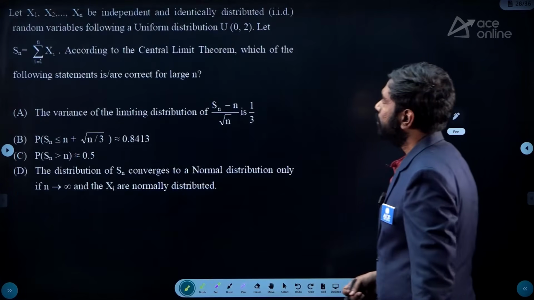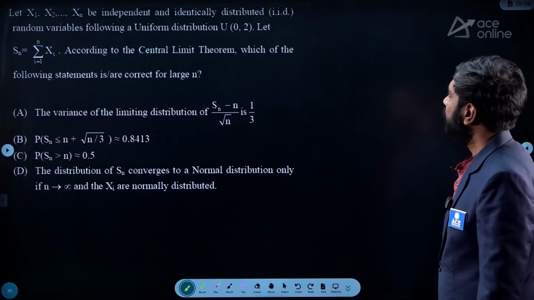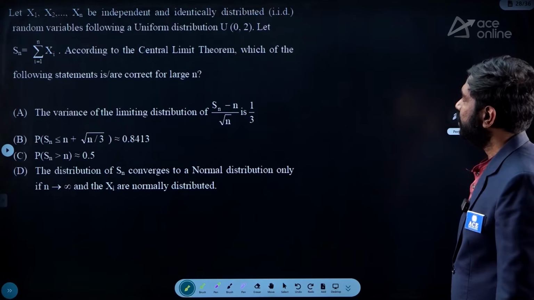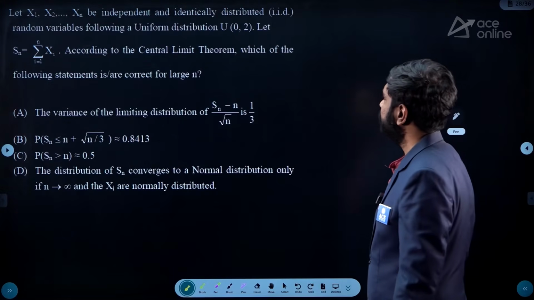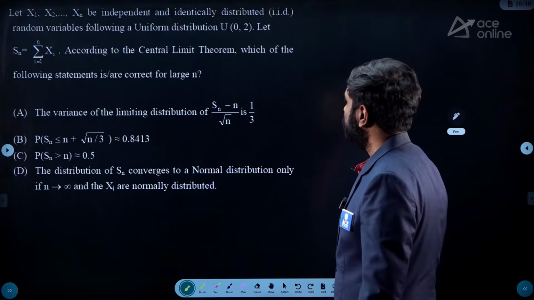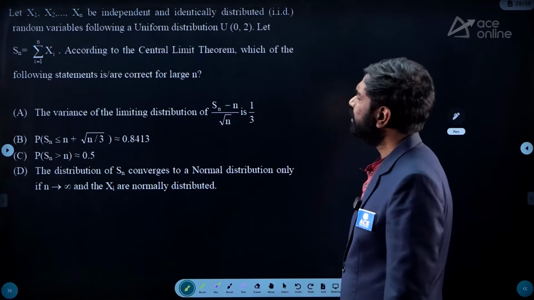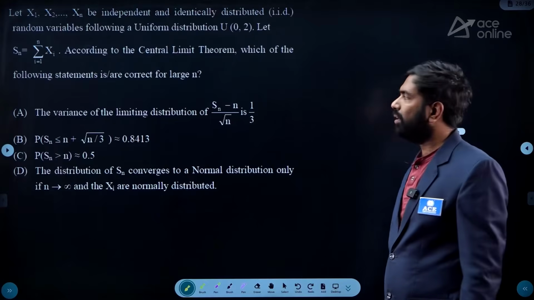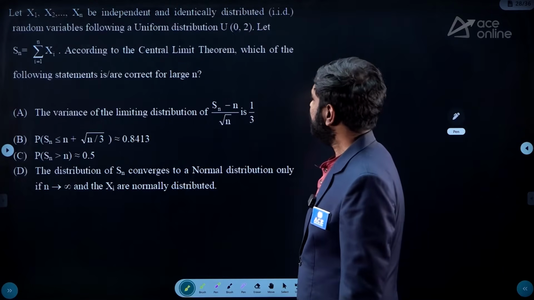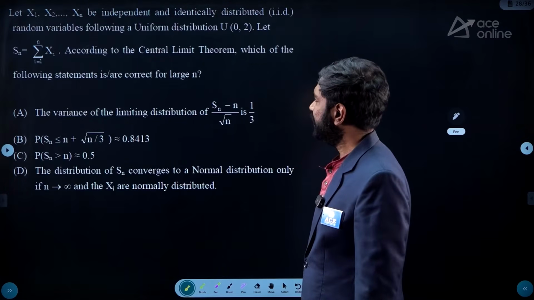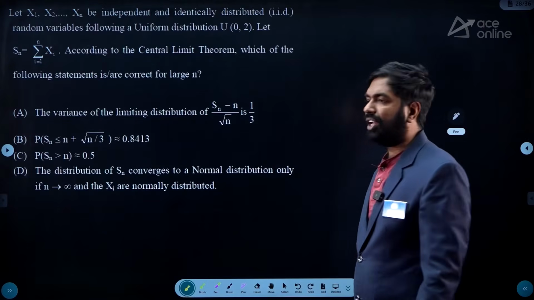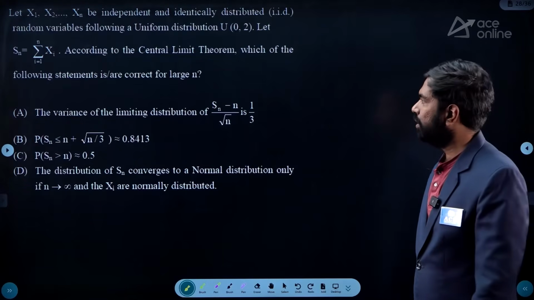Let x1, x2 up to xn be independent and identically distributed random variables following a uniform distribution from 0 to 2. Let Sn be the summation of i from 1 to n of xi. According to the central limit theorem, which of the following statements is/are correct for large n values?